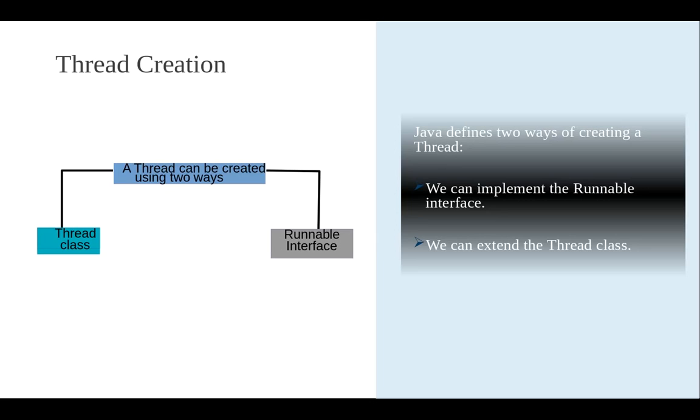So if a Java class extends JFrame or JPanel or an applet, then it won't be able to extend the Thread class. It can only implement the Runnable interface. That's why it's almost always better to implement the Runnable interface in Java programs.